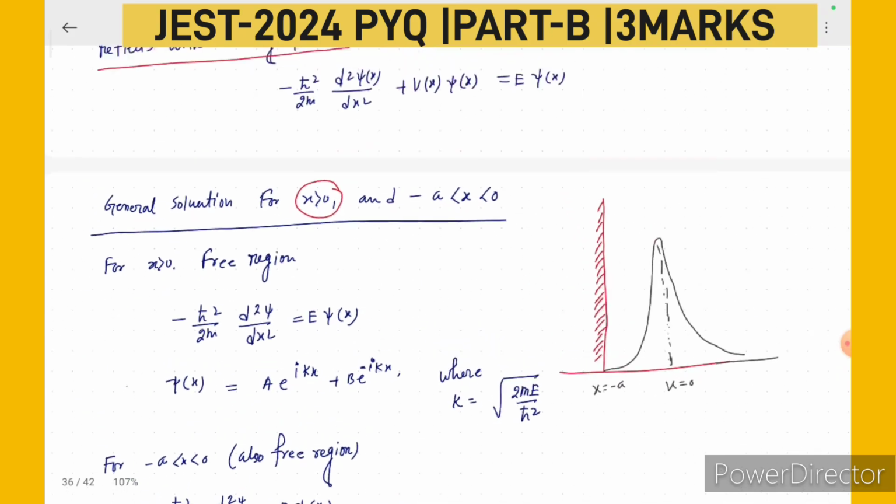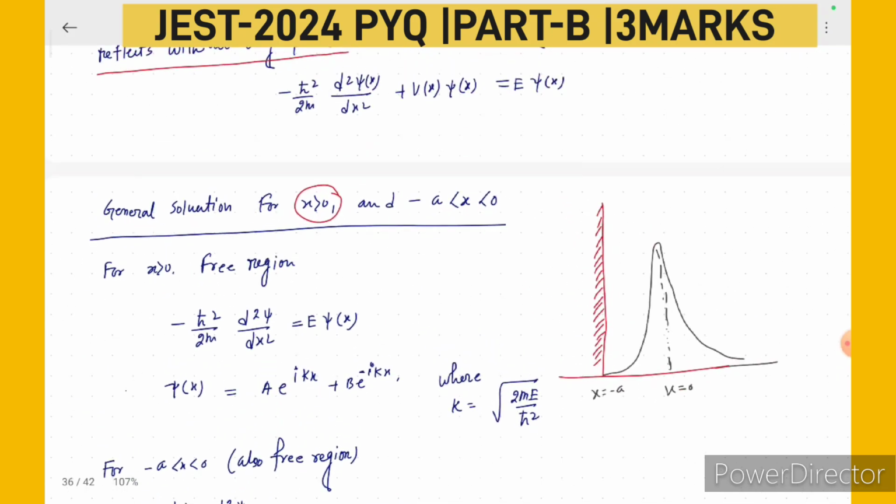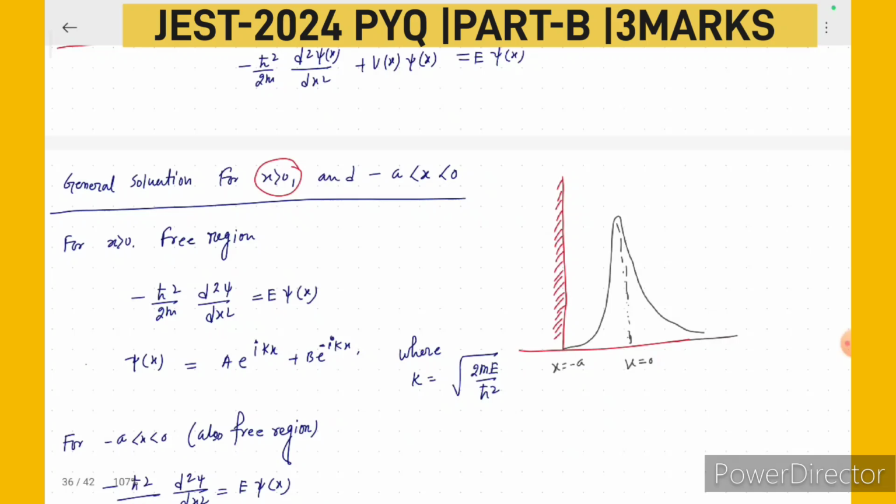Okay, this is the kind of potential. So we have to find the general solutions for x greater than 0 and for minus a less than x less than 0. So we find these two regions.